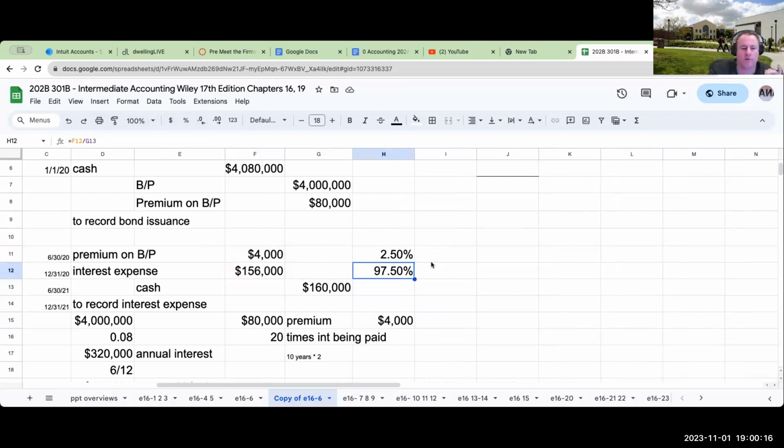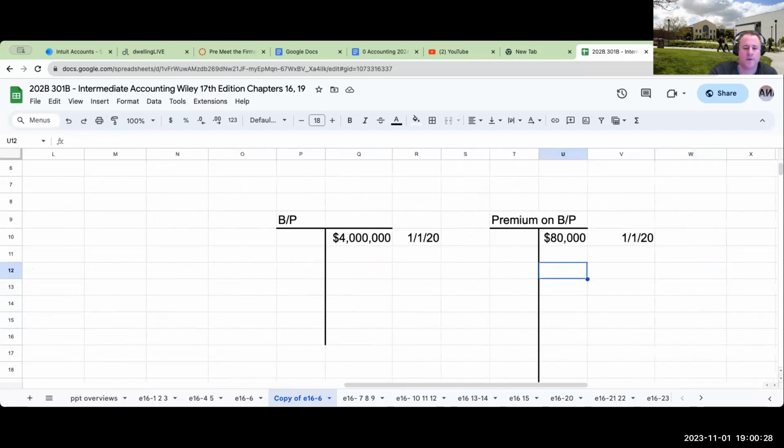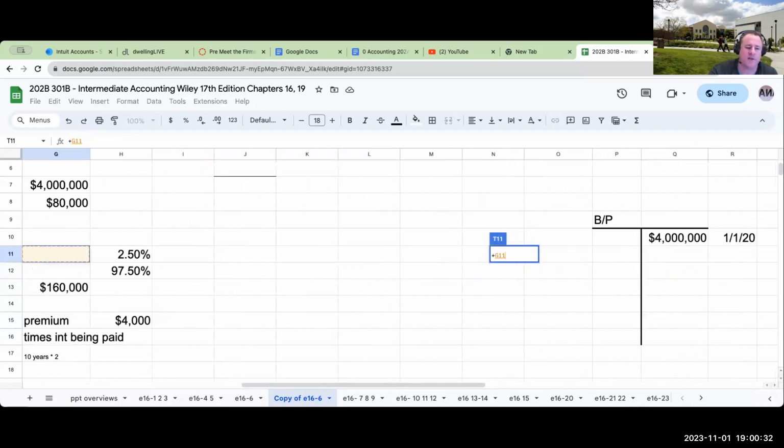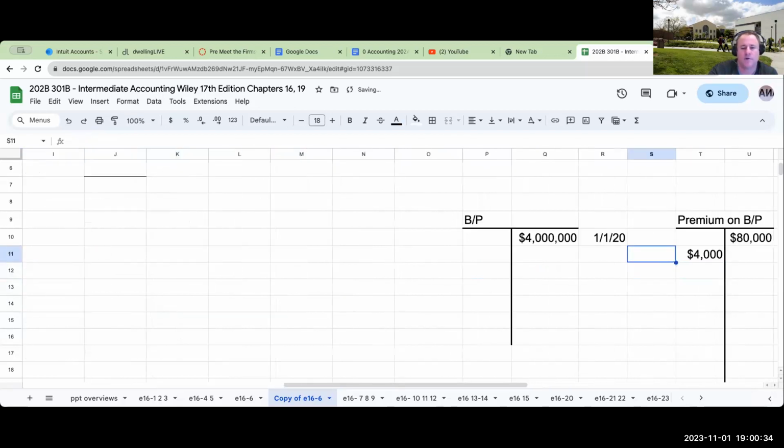So let's just go through and think about this, right? So every single 6 months for the first 6 months of the bond, I'm making these interest payments, right? Nothing has been converted yet. So I'm going to come over here and basically say I've got the amount of the premium that is being amortized, 4,000 on 6/30/20.